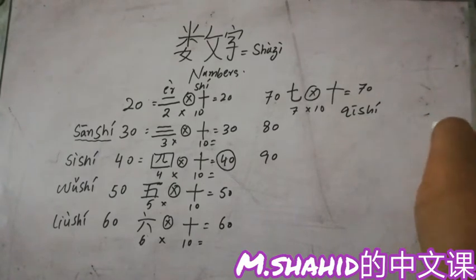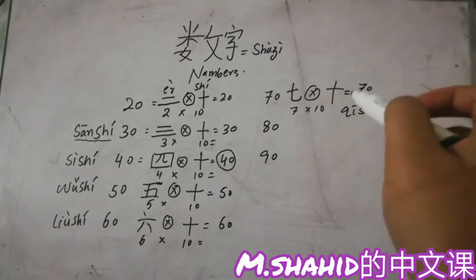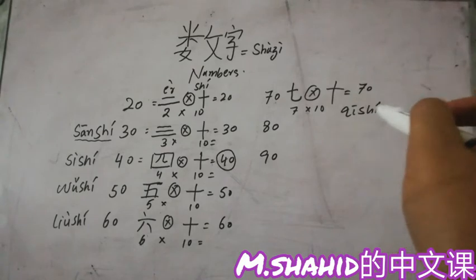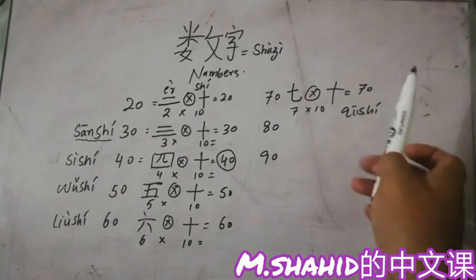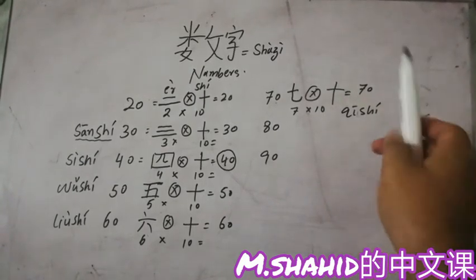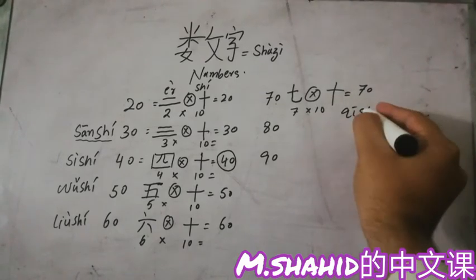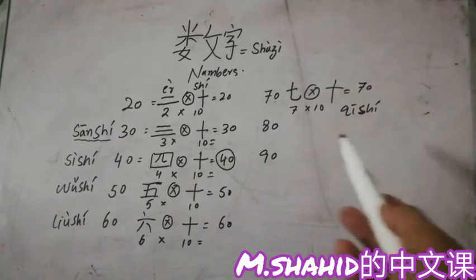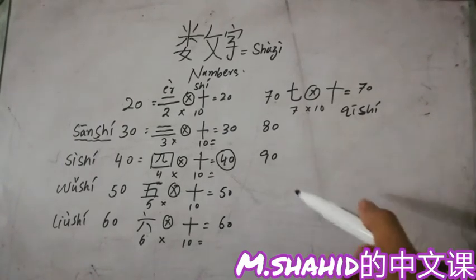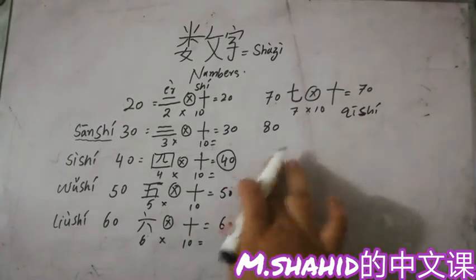This is the pinyin. 7 multiplied by 10 is 70.